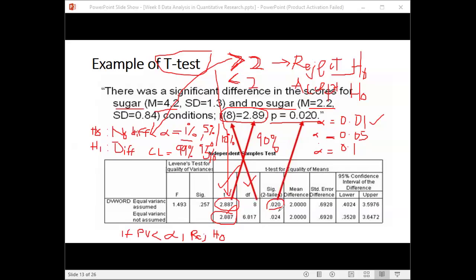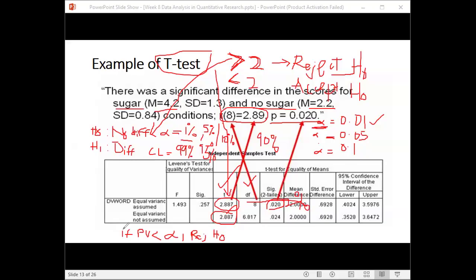If you convert to percent, that's 2%, isn't it? Now, if you compare the 2% with the first alpha, which is 1%, what will be our conclusion?